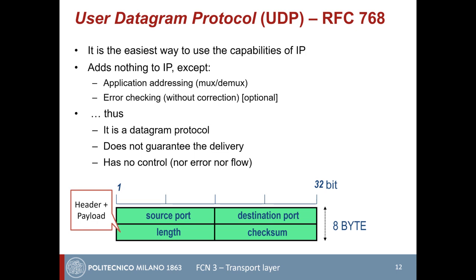This is a 16-bit field used to represent the length measured in bytes, so the number of bytes composing the segment. Finally, there is the checksum. The checksum contains redundant information generated when the segment is transmitted, so that when the segment is received, the error check function can be carried out by the receiver.